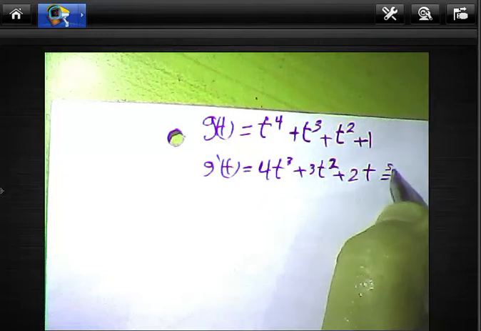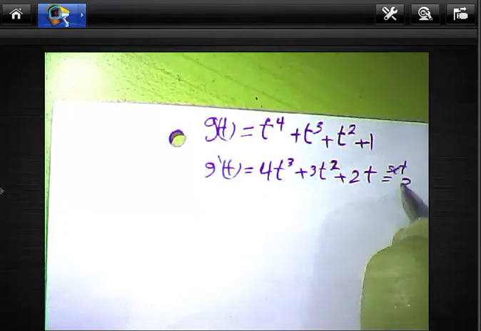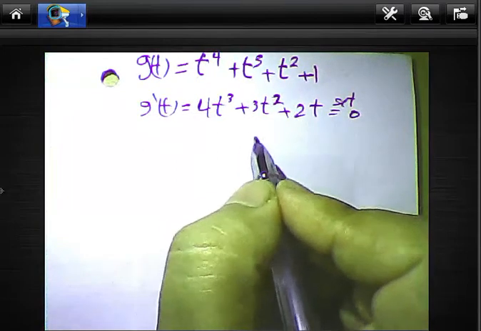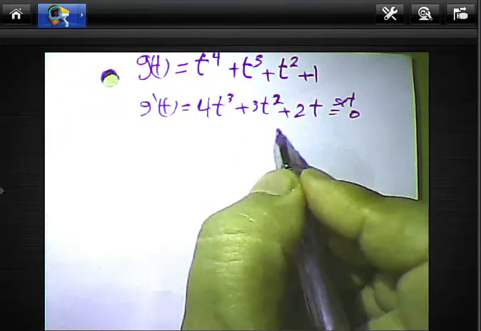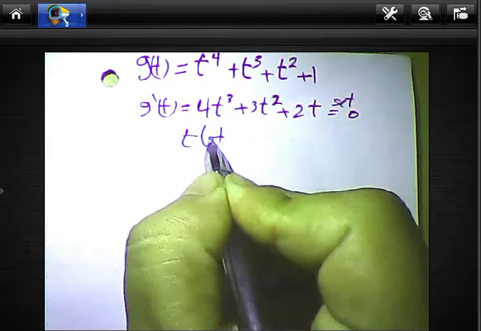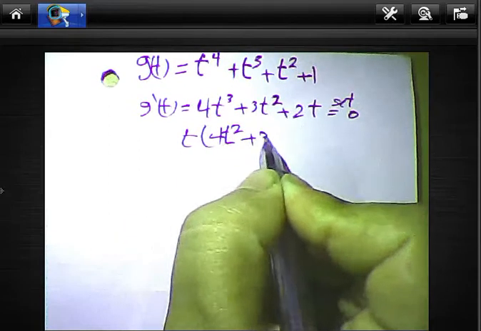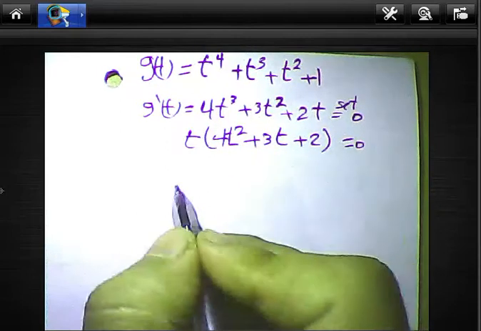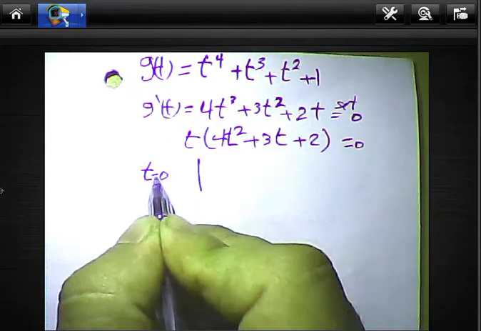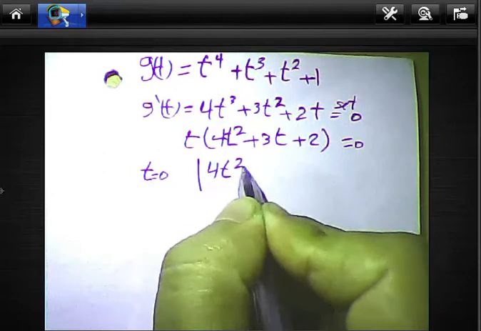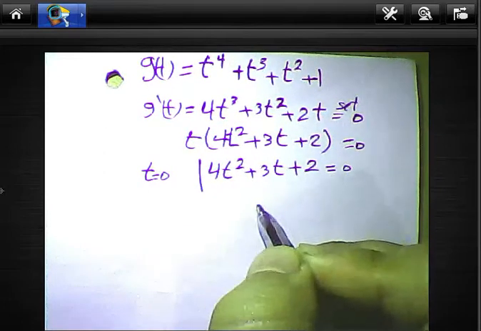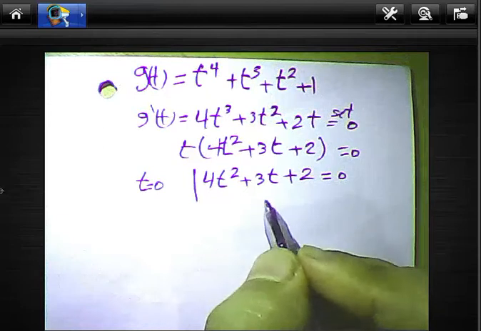Set this equation equal to 0. Then we can write t outside, and the result will be t times 4t squared plus 3t plus 2, all equal to 0. We have that t equals 0 or 4t squared plus 3t plus 2 equals 0. We can find the result for t here.